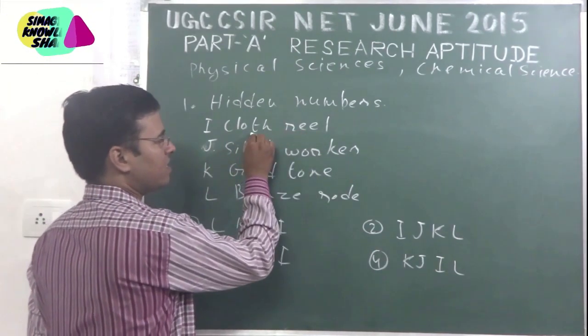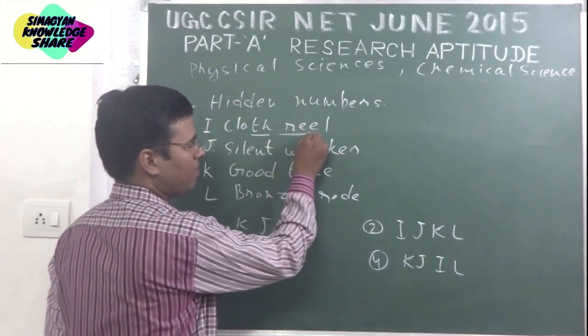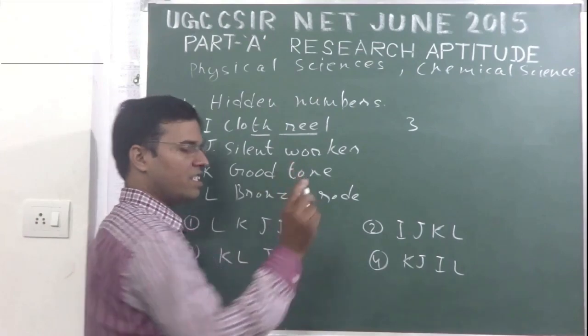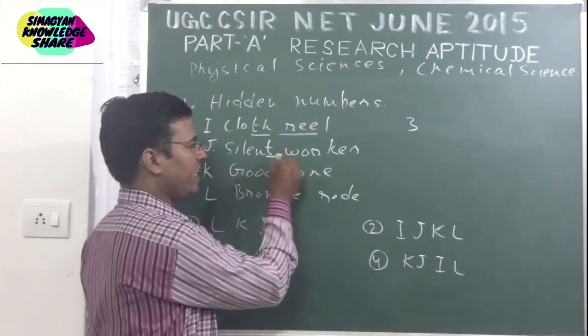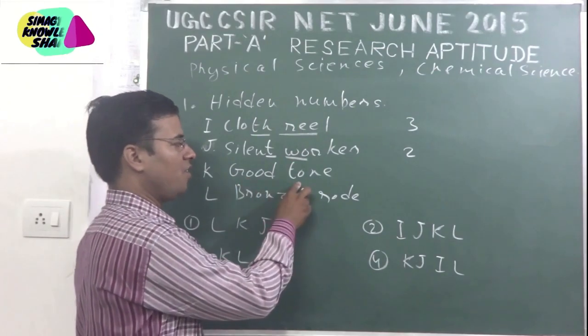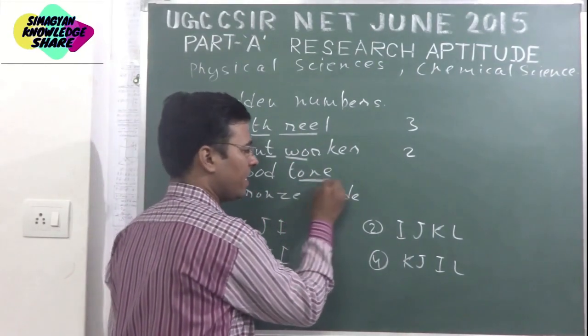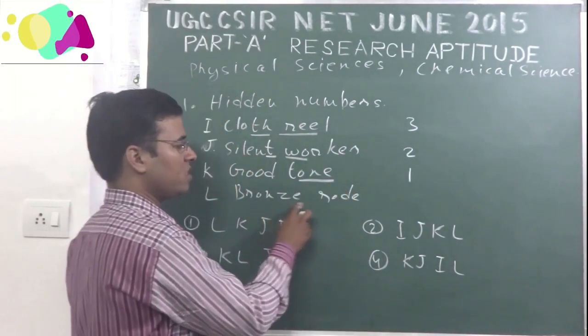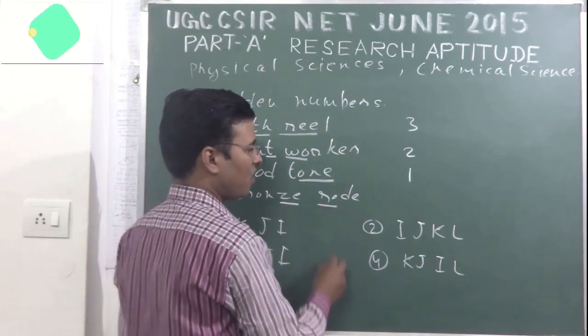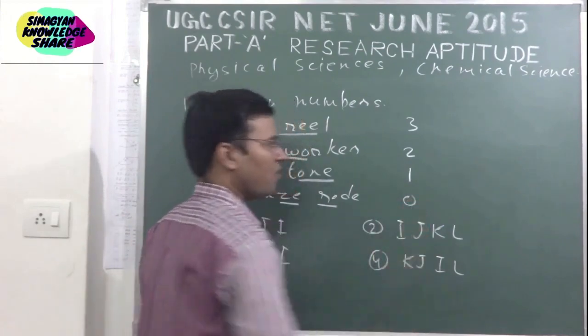The number is THREE, 3. Silent workers. The hidden number is TWO, that is 2. Good tone. The hidden number is 1. Bronze rod. The hidden number is ZERO, that is 0.